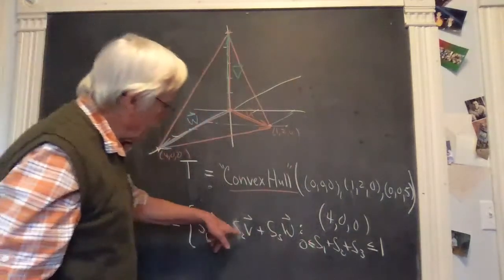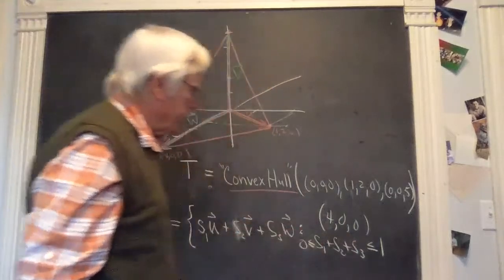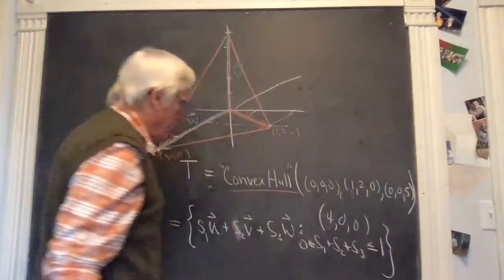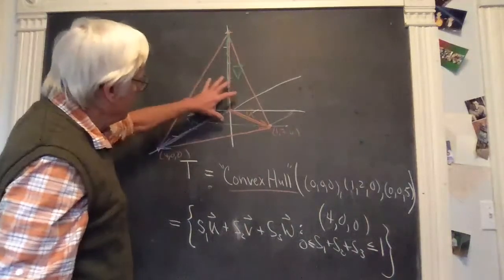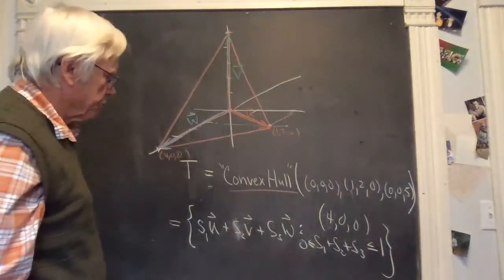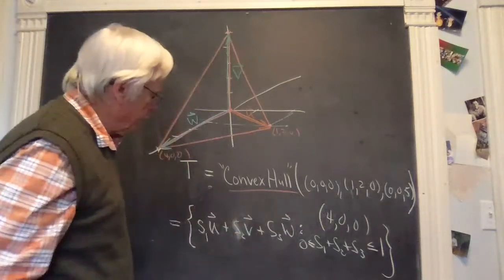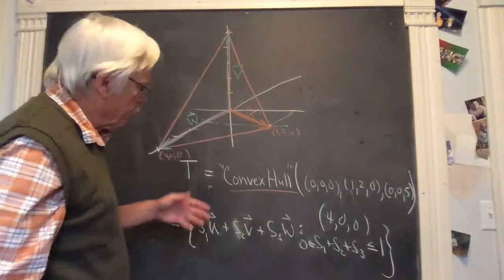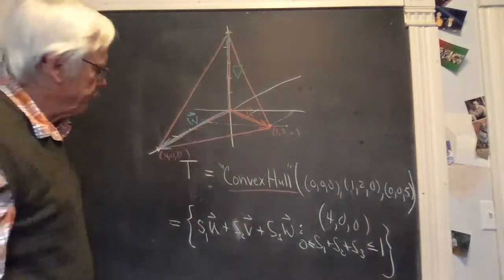So the sum of the coefficients is less than or equal to 1. This is the convex hull, and this is how it always works. This will give you the interior. And knowing this description will allow you to parameterize this region in a very nice way.